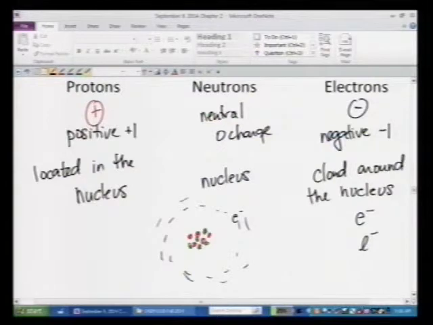We also have to be able to identify them based on approximate mass. Okay, now we're not actually going to give you the mass in grams of these. It's far too small to be useful. We're going to give it an approximate mass of 1 or 0 units. Okay, so protons have an approximate mass of 1 unit. So this would be 1 unit of mass.